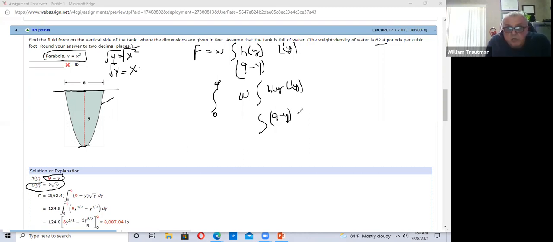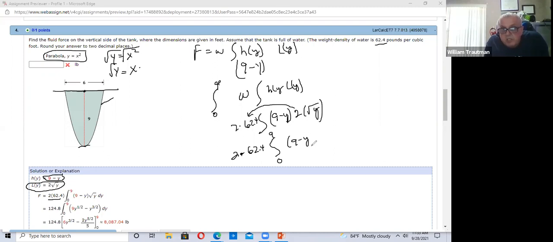And L(y) would be 2 times the square root of y. And we're going to bring the 2 out in front. And the density is out in front, 62.4. And then we're going to bring a 2 out in front of it. And that's how they get this. So 2 times 62.4, integrating from 0 to 9, 9 minus y times the square root of y.